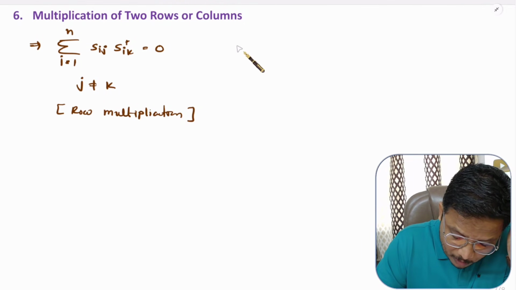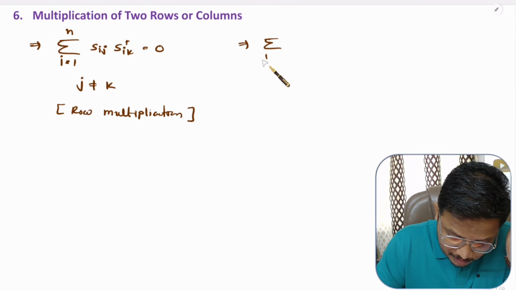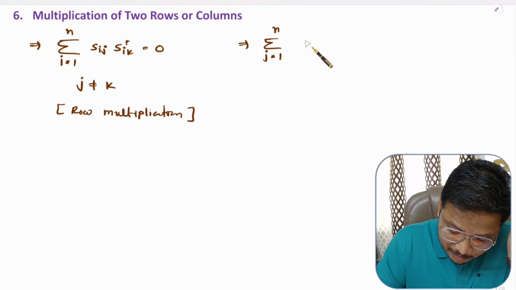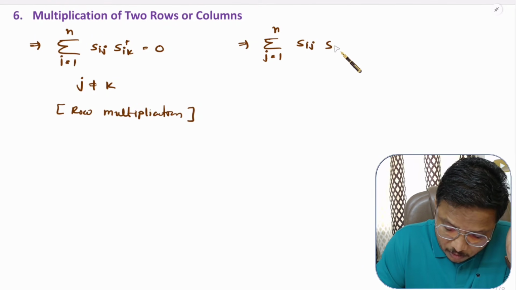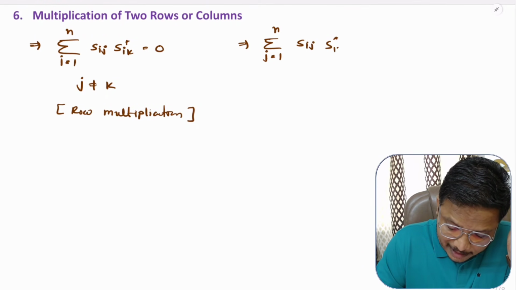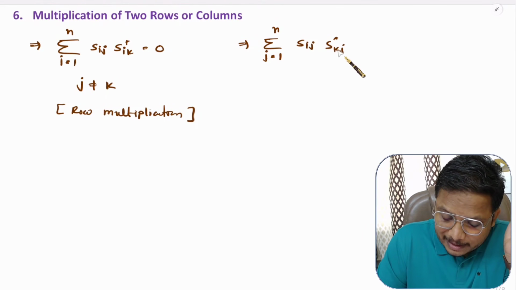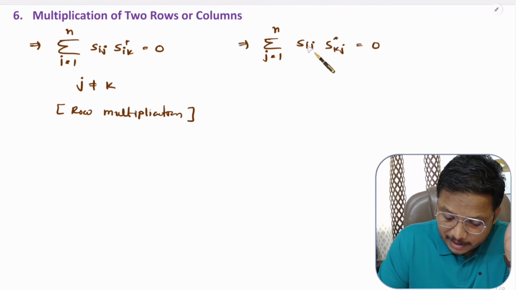If you talk about columns, then here you will be doing the summation of, now I'll say, j varies from 1 to n, where we will be multiplying Sij with the conjugate of Skj. So here the first element is different, which means we will be multiplying columns over here, right?